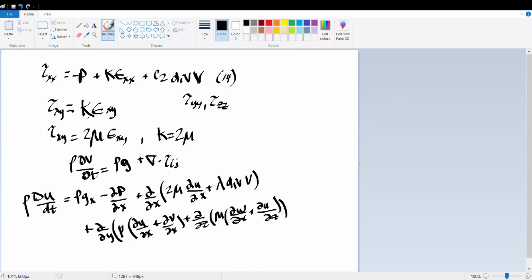Okay. And so that was just in the x direction. We still have to do this 2 more times for the y and the z direction. I'm not going to go ahead and do that because it's too much writing.